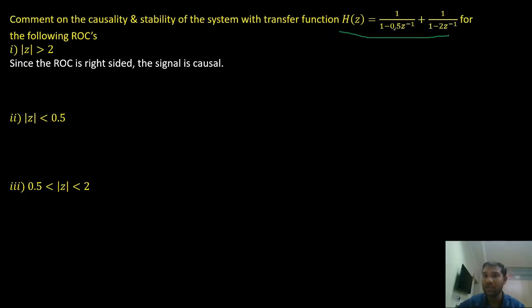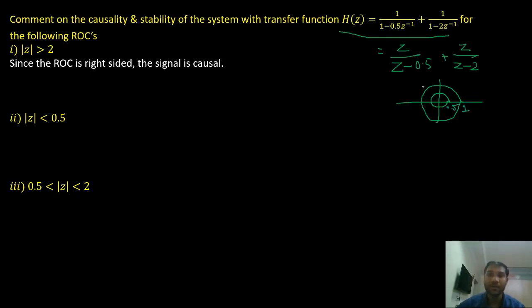How many poles are there here? I can write this as z by z minus 0.5 plus z by z minus 2. So there are two different poles, 0.5 and 2. So the outermost pole is 2.